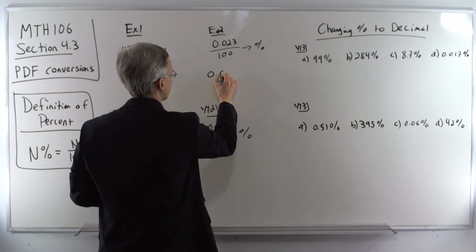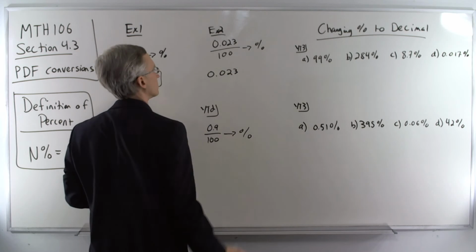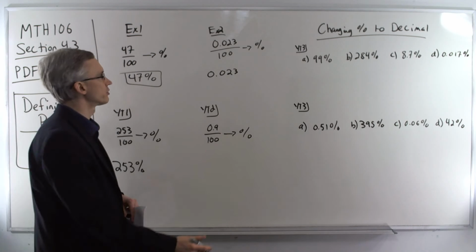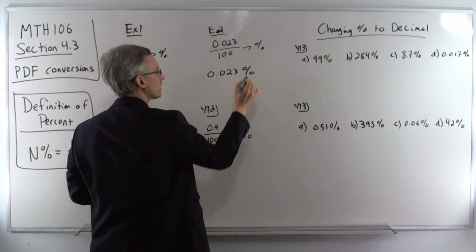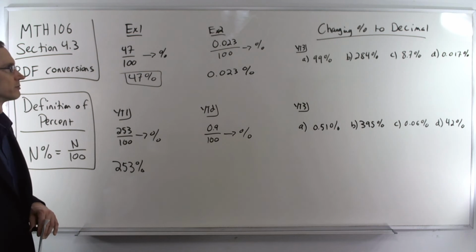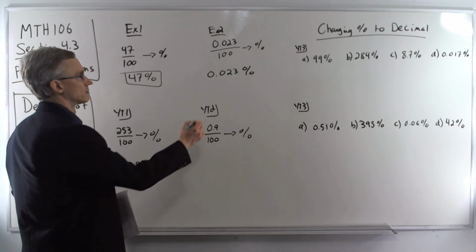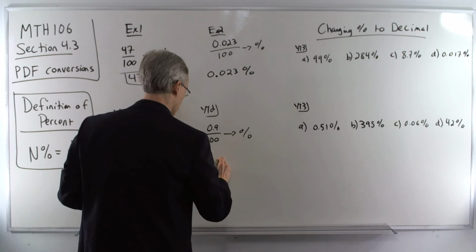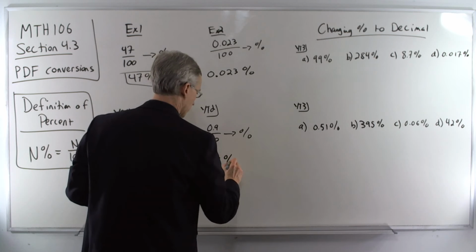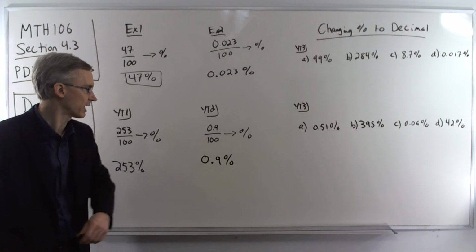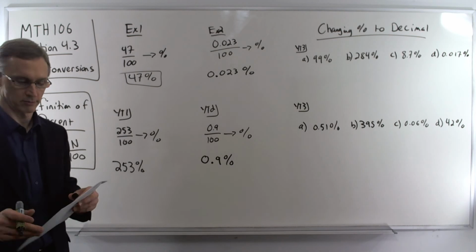You can have a decimal that's a percent. 0.023, and then percent sign behind it, so 0.023%. Your turn, number two. All right, take that numerator, followed by a percent sign, 0.9%.